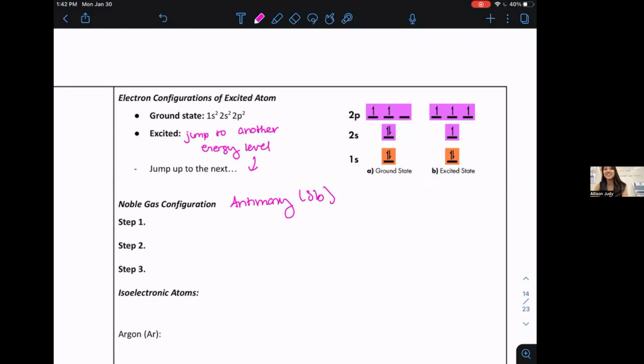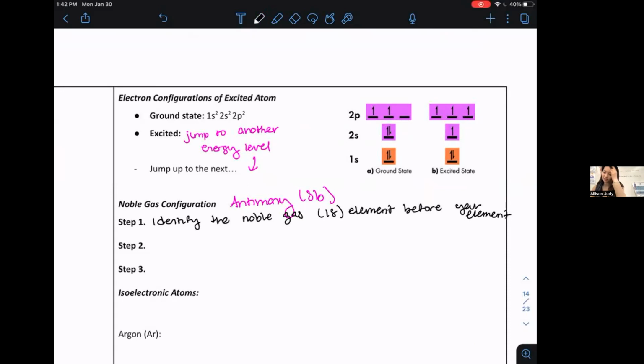So, let's take antimony for a second. Antimony is a nasty beast. Step one, identify the noble gas, or column 18 element before your specific element, whatever element you're talking about.